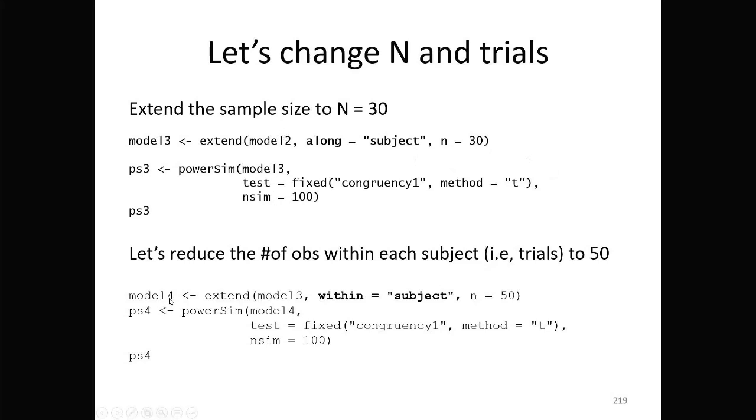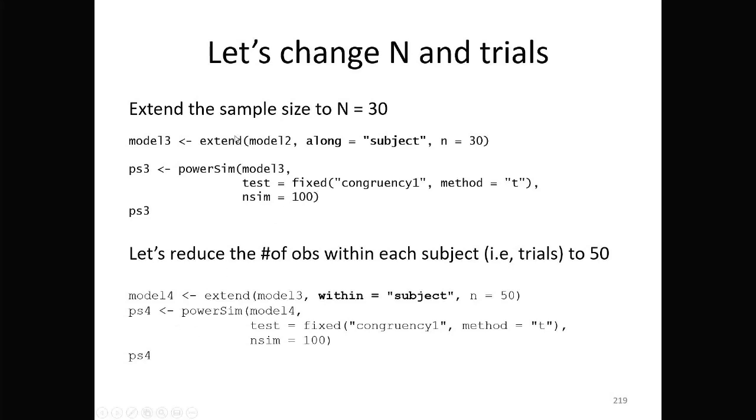In this other scenario, we used the function extend, but instead of specifying along subject, we specify within subject. Within subject means we increase the number of observations within participants, so the number of trials. That's the good part of this package, that you can explore different scenarios both in terms of number of clusters and number of observations within each cluster.